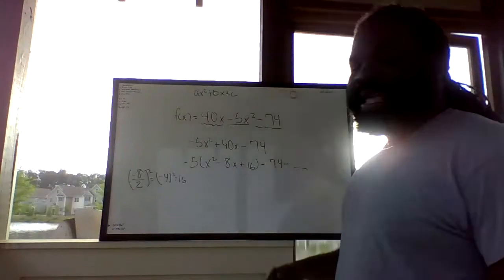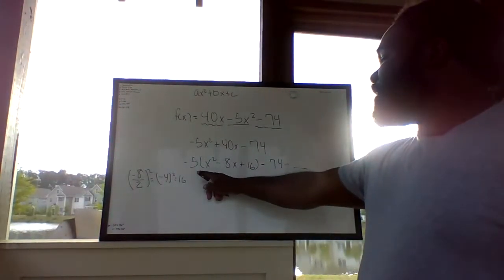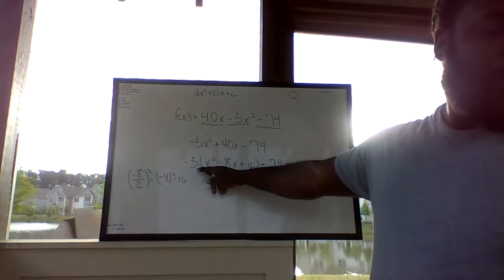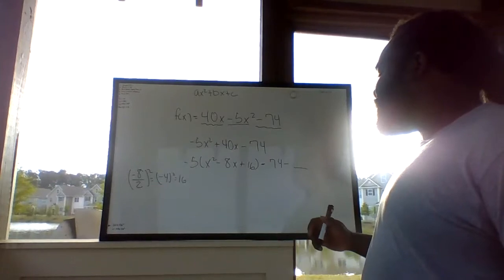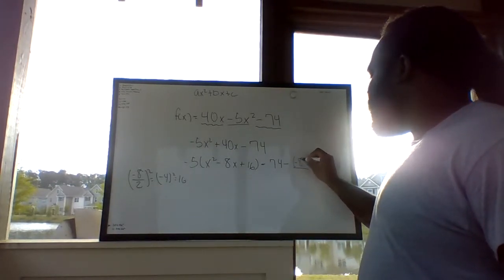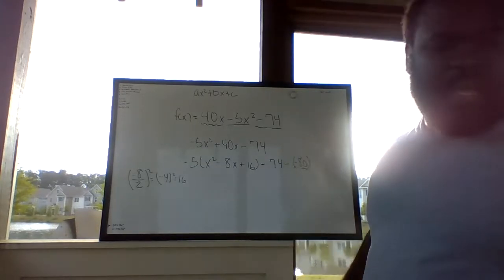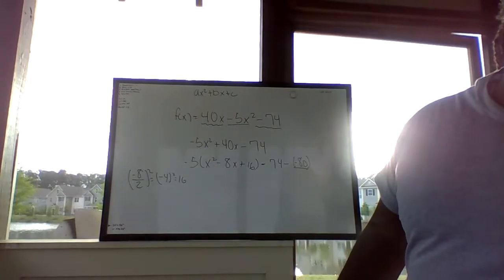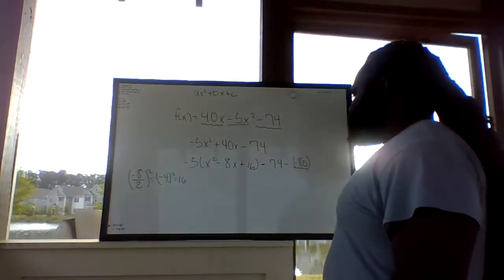Out here, because we need to multiply by whatever this number is, which is negative 5, we got negative 5 times the positive 16, and that's going to give me a negative 80. Well, that gives me negative 74 plus 80 out here.